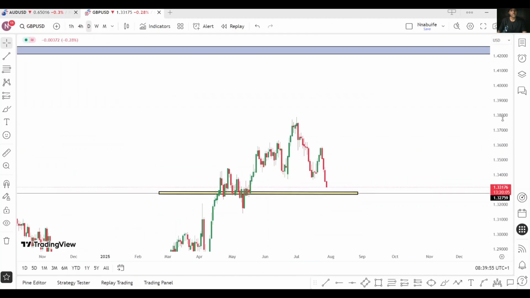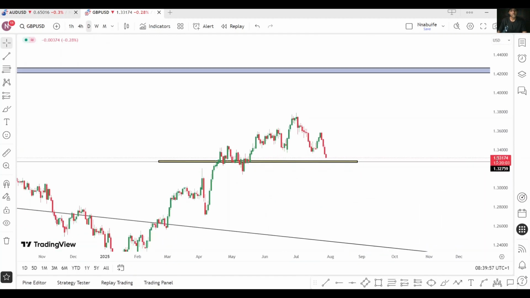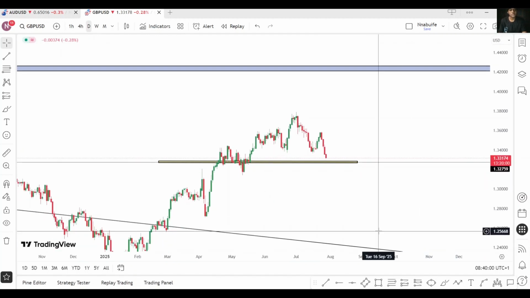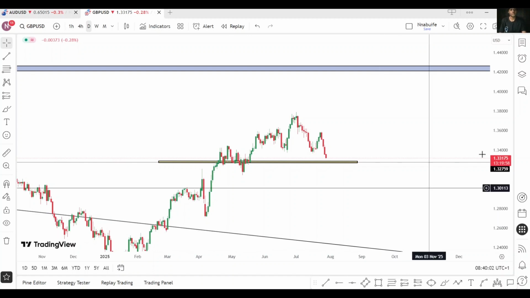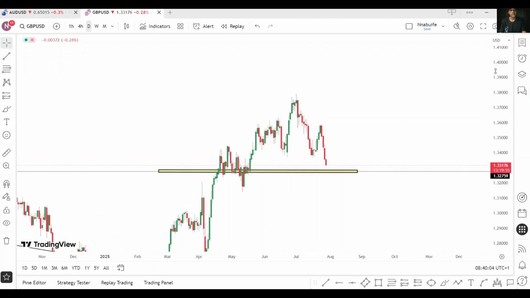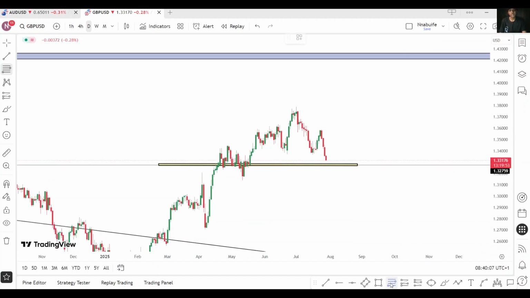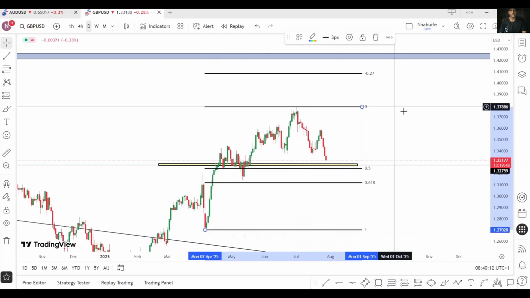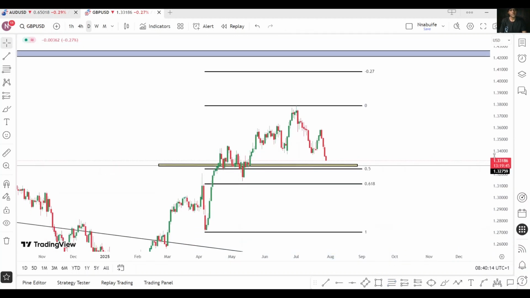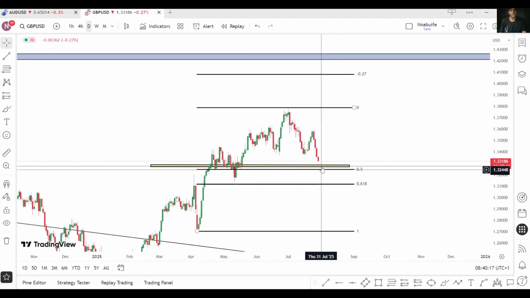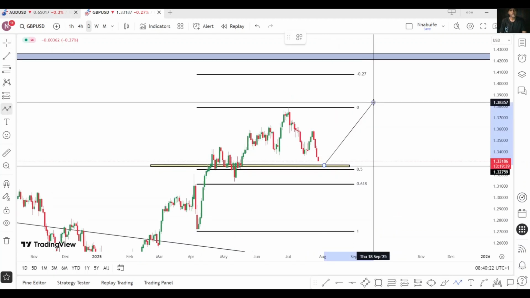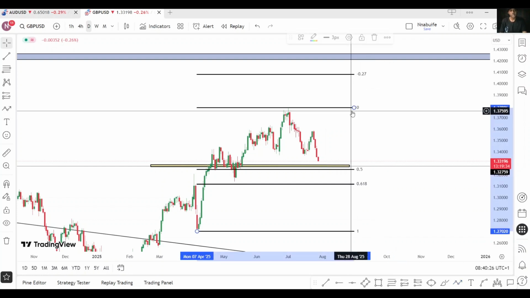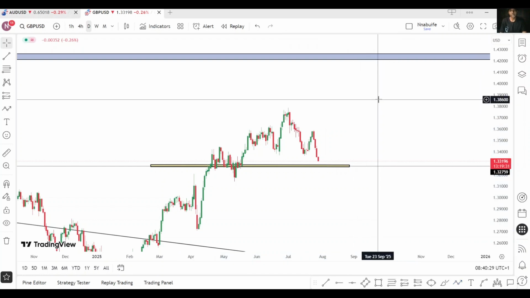Last episode I said I would be waiting for a bounce off of here, and I also had a Fibonacci from swing low to swing high. I said I'll be waiting for a bounce off of Fibonacci support and then the CTL, then we can trade this to the upside. And GBP USD is actually respecting the plan we have for it.